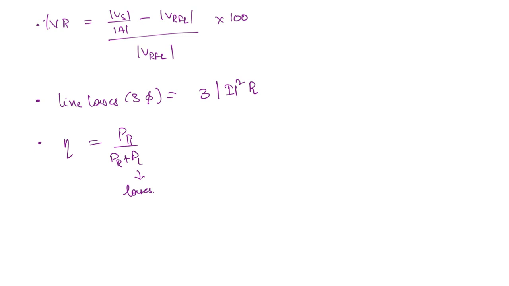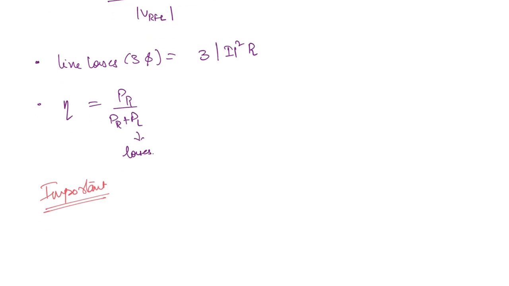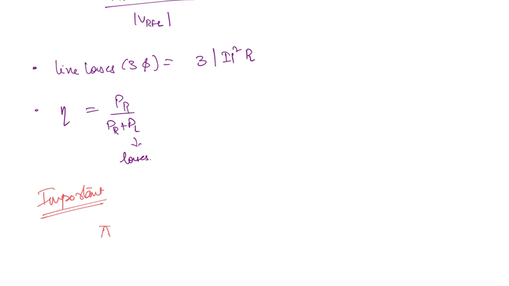So we have discussed 2 models for the medium lines, and one important thing here is that these 2 models are not equivalent. Pi and T models are not equivalent. Equivalent means if you do some manipulations or transformations, then you should be able to get one model from the other, but that is not the case.